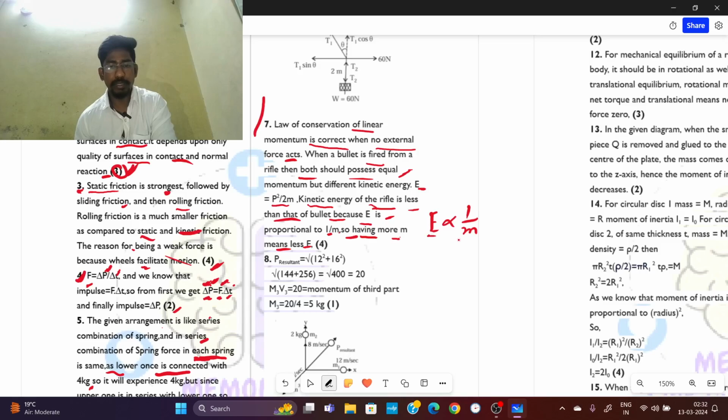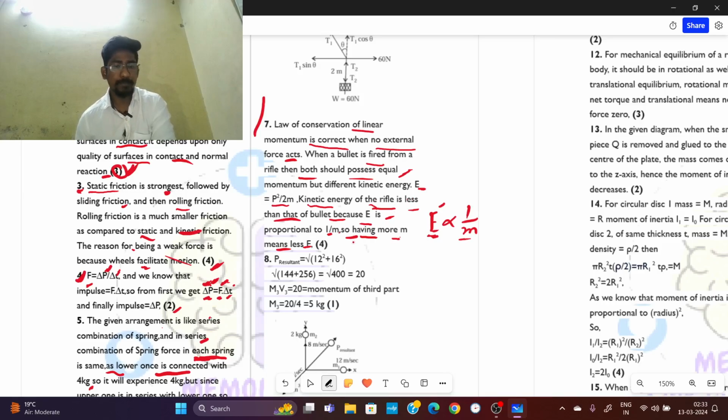So the more the mass, the less the kinetic energy. As the gun has more mass than the bullet, the kinetic energy of the bullet is greater than that of the gun. So we can say option 4 is correct. That means the assertion is incorrect, and the reason is also incorrect.